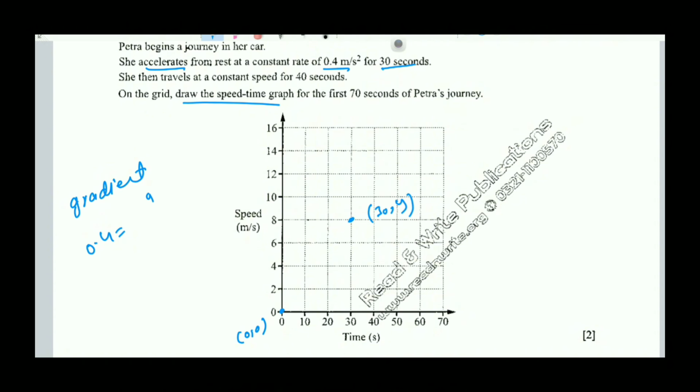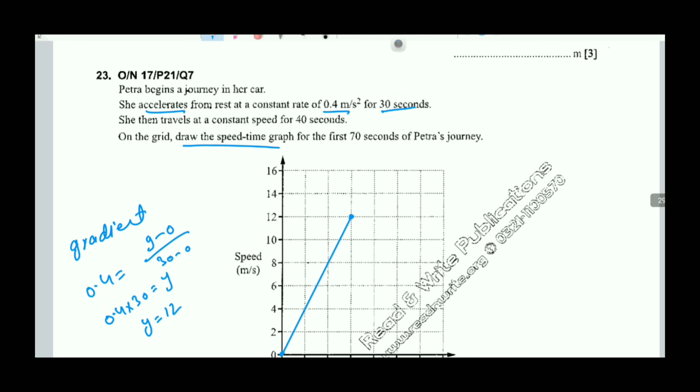So y minus 0 over 30 minus 0 is 0.4. 0.4 into 30 is equal to y. Y is equal to 12. So the point should be 30 and 12, this is the point. So we will make a graph of acceleration like that up to 30 and 12.